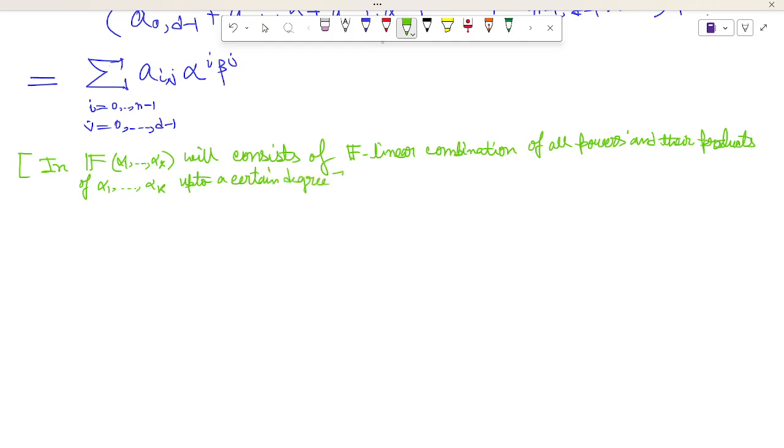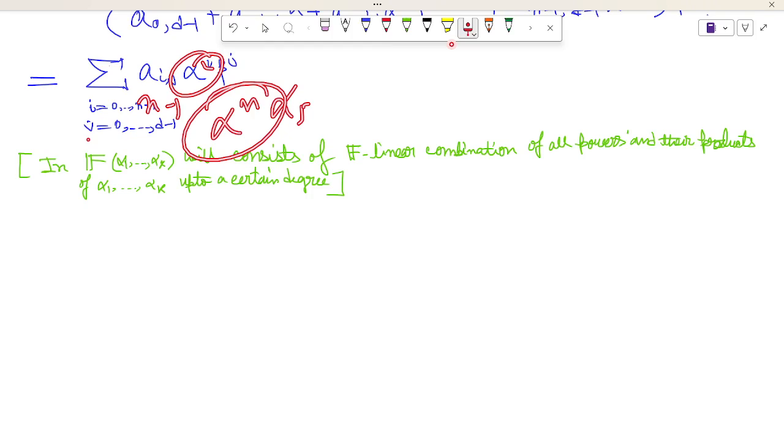What is the certain degree? Up to where I can take the polynomial in alpha. So here alpha is taken up to n minus 1, so there is nothing like alpha power n. So it depends on the algebraic extension, the degree of extension. That is the thing.